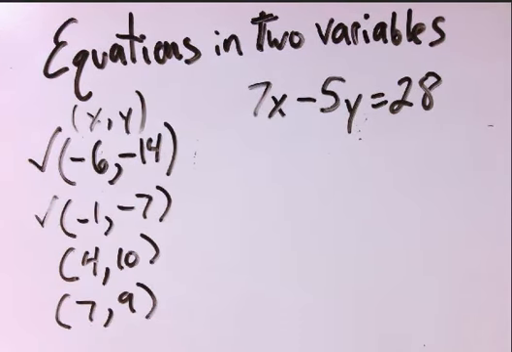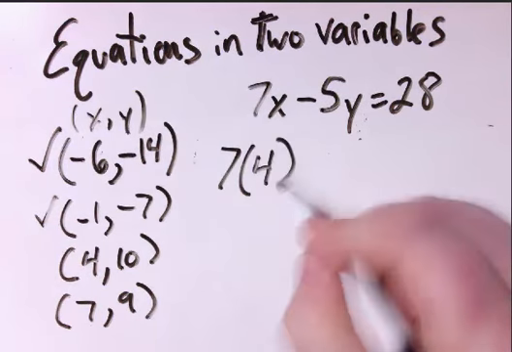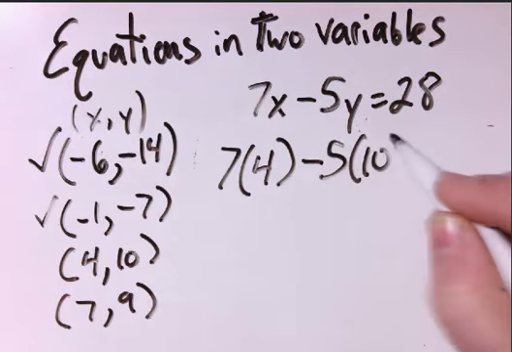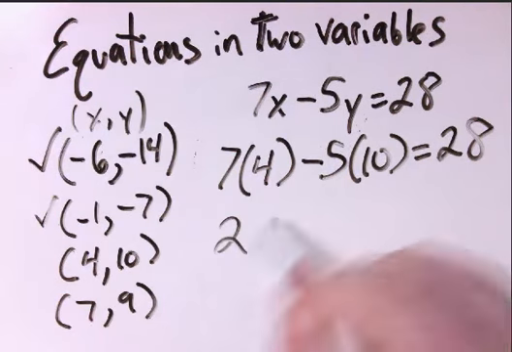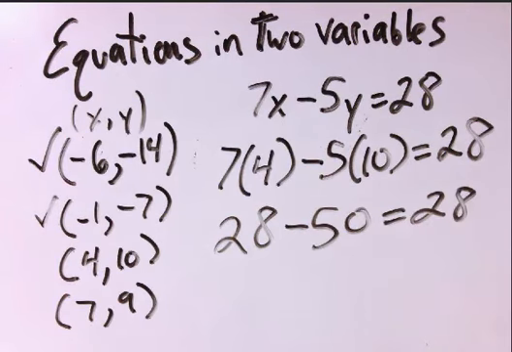So let's move down to the next one. And already if you stop here before you even get down, we have 28 minus 50. Actually, you see that it's going to be a negative number, so it cannot equal 28.